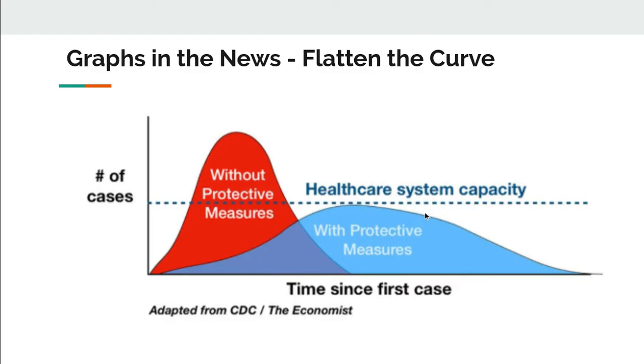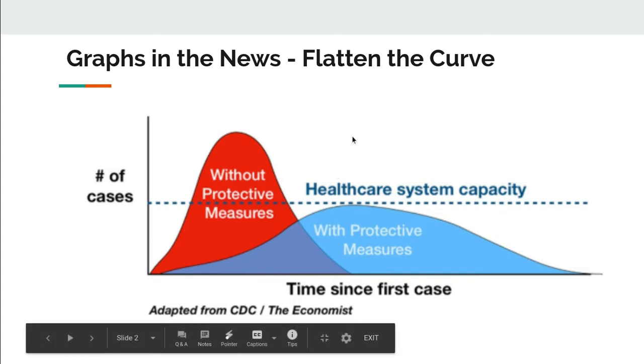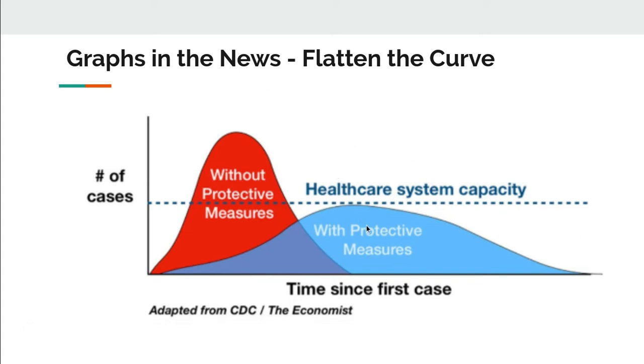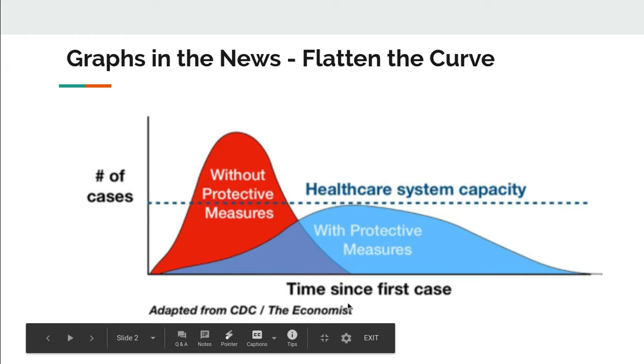One of the graphs in the news that we had a lot of when we were shut down was the flatten the curve. So that's an example of a graph that they used in the media constantly. You'll even notice they had time since first case. So they had an x axis, they had a y axis, number of cases, and then there were two separate graphs. The first one was the number of cases across time without protective measures, and the second one was the number of cases over time with protective measures.